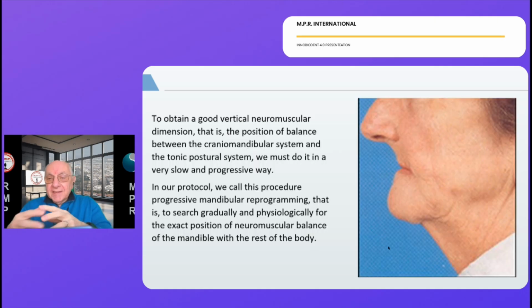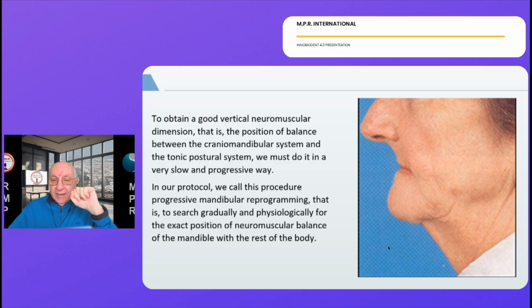The craniofacial system has two vertical dimensions. The first is the neuromuscular postural vertical dimension, which corresponds to the physiological rest position that does not alter static posture.